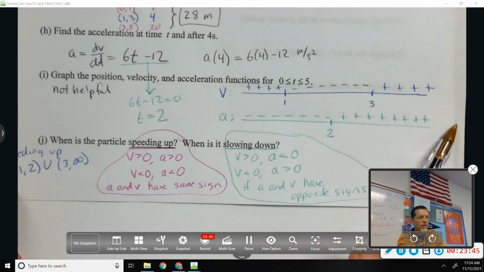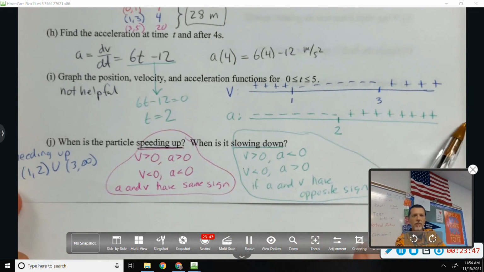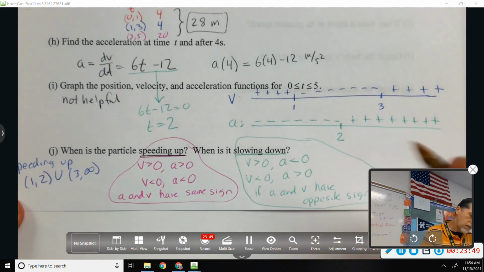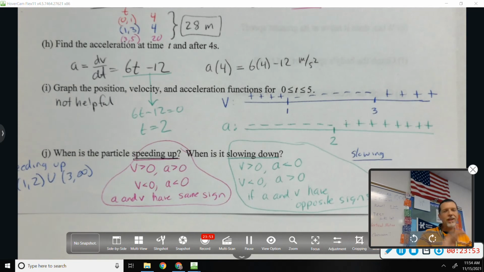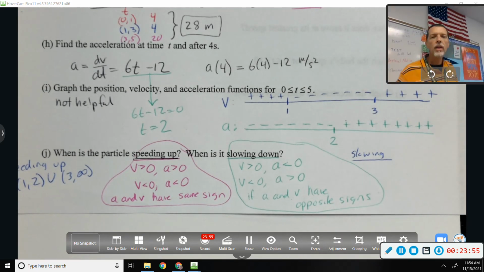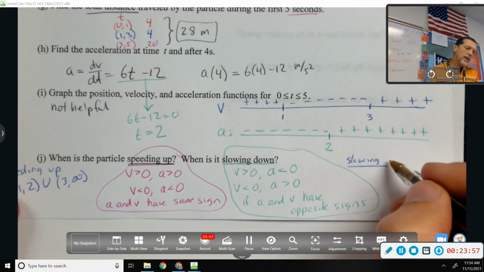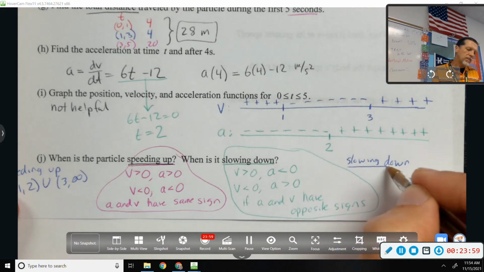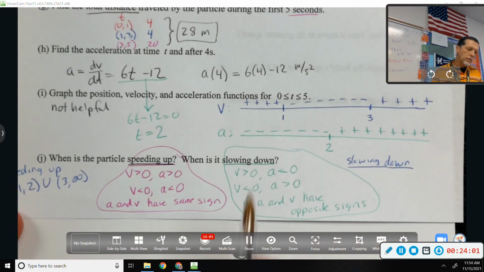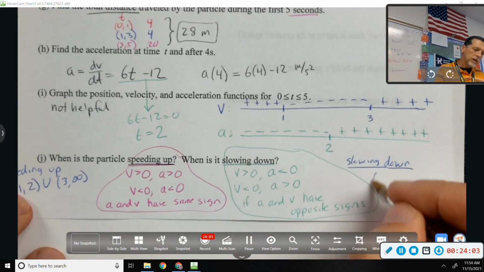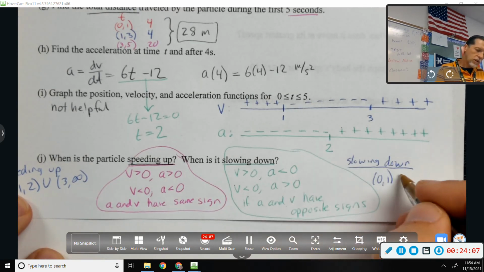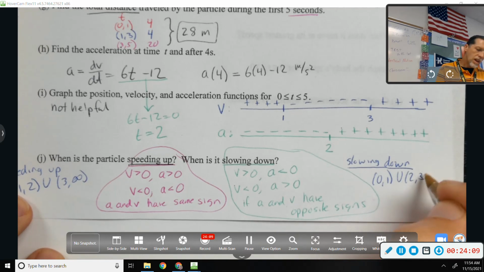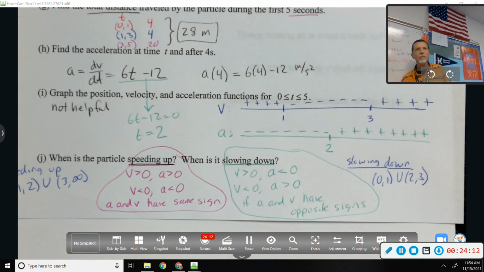From 3 to infinity you're speeding up forwards. I don't want interpretations right now. Slowing down is when they have opposite signs. So that would be 0 to 1 and 2 to 3. And yes, if you want to make up some story about driving, fine, but nah.